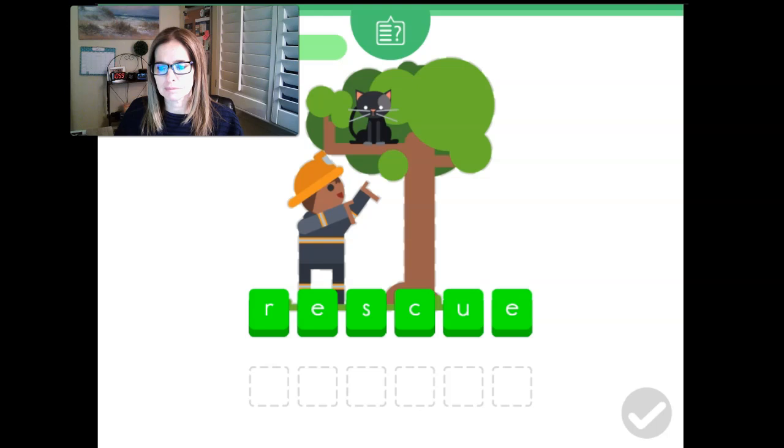U. Rescue. Do you notice that we are reviewing the U and the spelling for the U sound in rescue, but we still need the s, don't we? We have to bring everything we have with us so we can use it to grow.